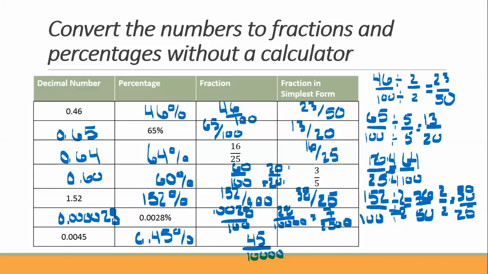And let's not forget that 0 placeholder. And now this is 9 over 2,000, because we can divide numerator and denominator by 5. This chart will take practice, but once you practice and practice, it'll get easier. That's it for today. We'll see you tomorrow.